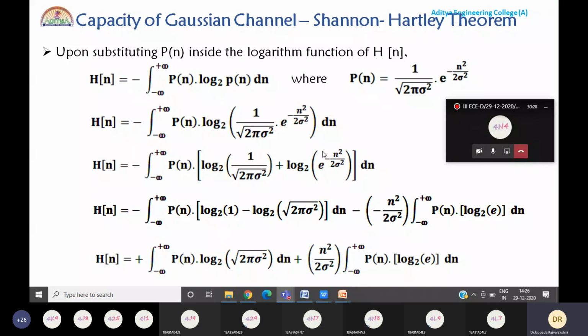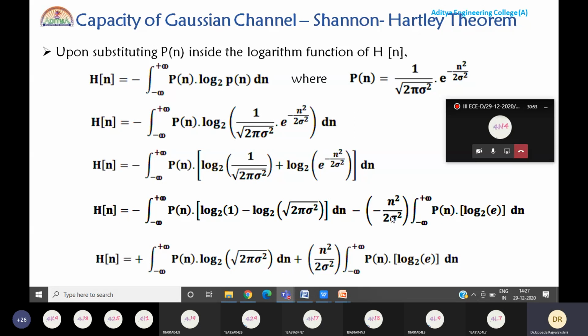So minus, and here inside the logarithm you have e power minus n square by 2 sigma square. Now this power value, you can take it outside the logarithm as a product. So here in the power you have minus n square by 2 sigma square. You can take it outside the logarithm as a product value, so that's why I took it outside the logarithm.